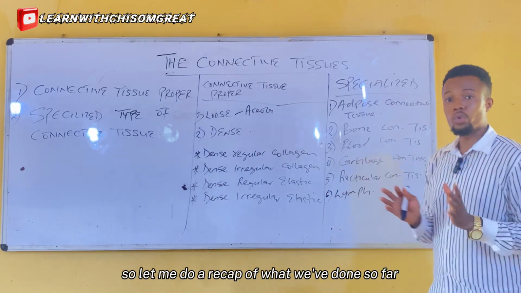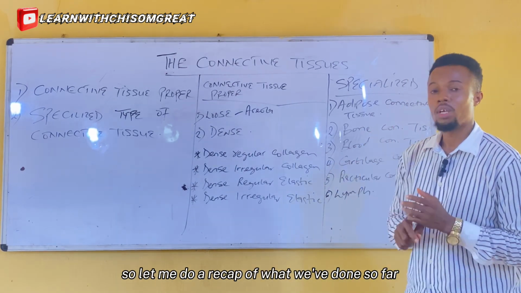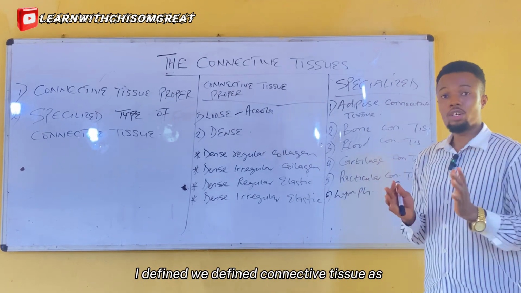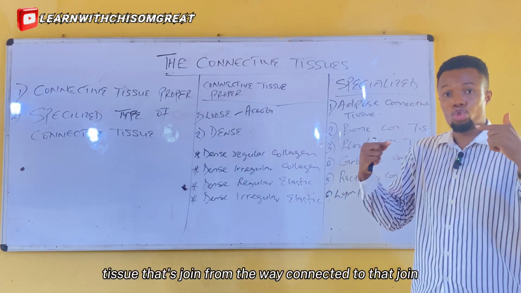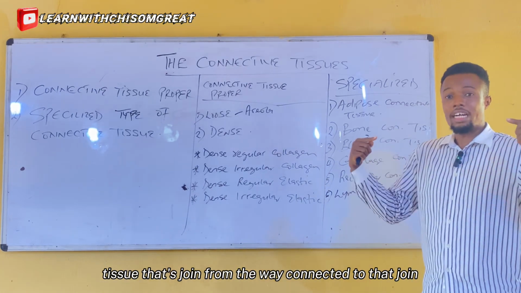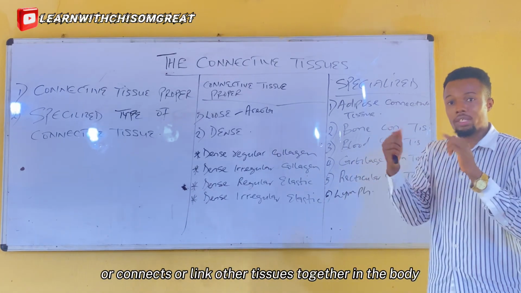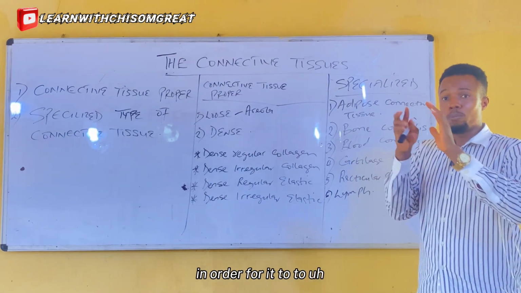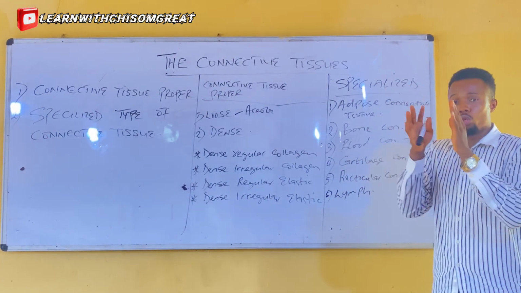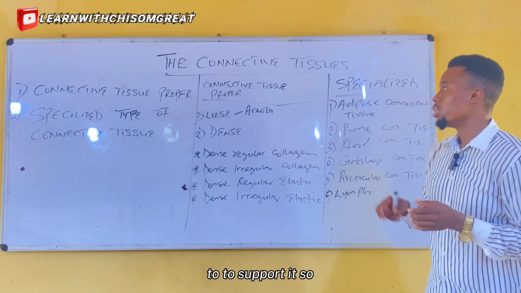So let me do a recap of what we've done so far. We defined connective tissue as tissue that joins, from the word connecting, or links other tissues together in the body in order to support them.